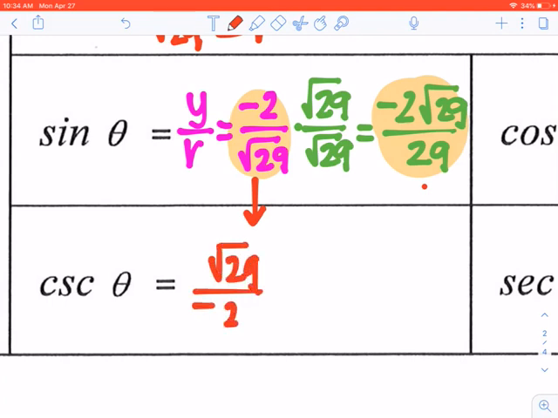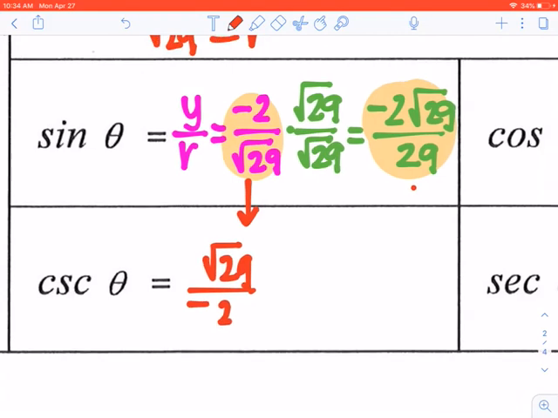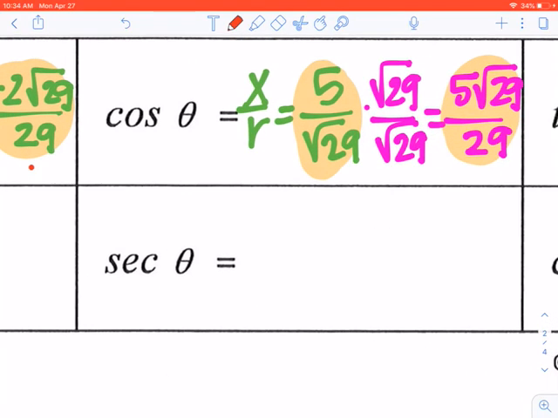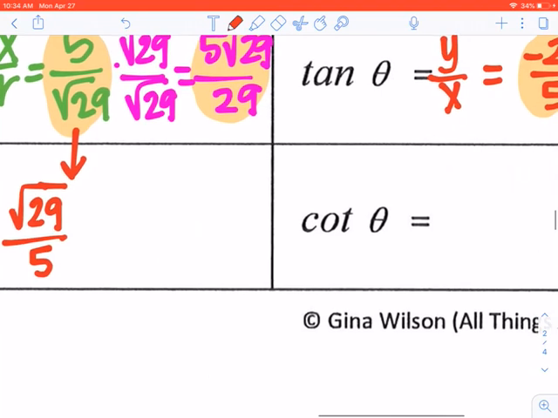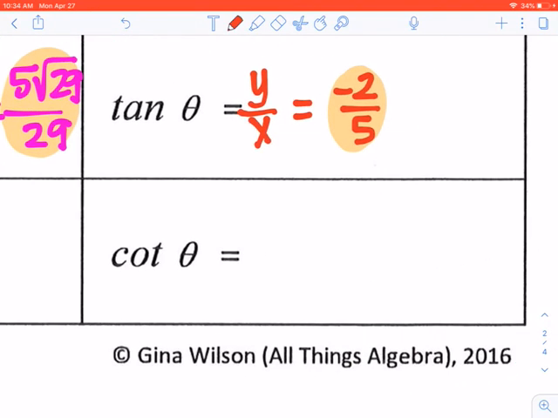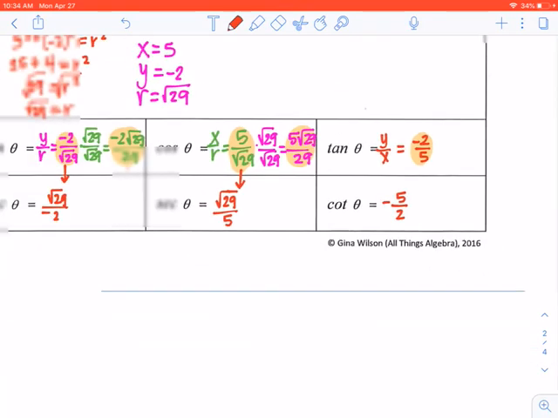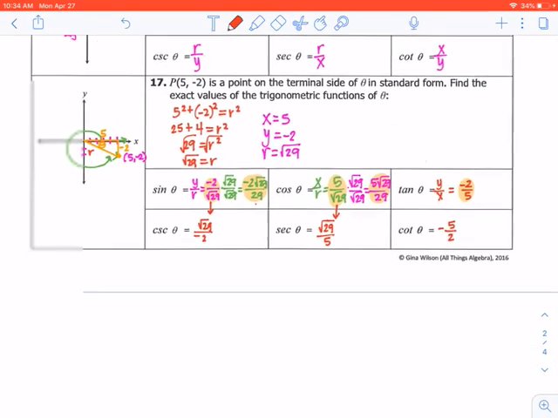You can put that negative on the top, on the bottom, in the middle. It doesn't matter, but that's all we need to do. Okay. I will take the reciprocal here, root 29 on the top over 5. And then the reciprocal of -2/5, a -5/2. And we are done. That was probably a little tough.